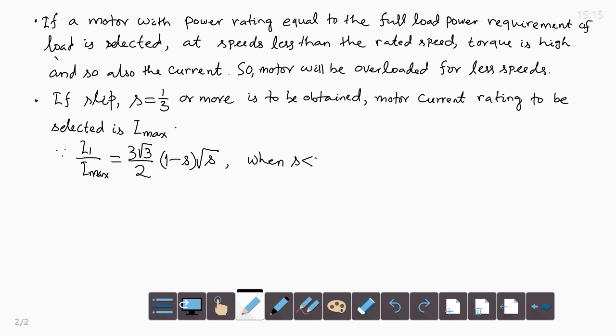When slip is very small, then current is also small. As you see in this expression, when the slip is very small compared to 1/3, current is also very small compared to the maximum current I max.